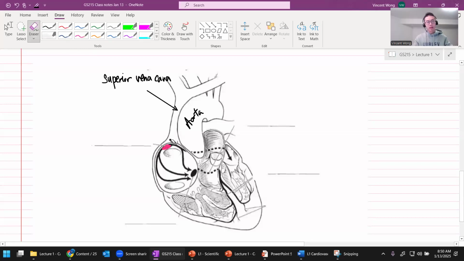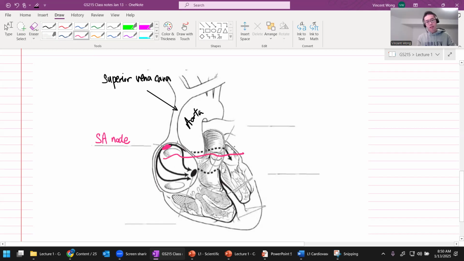Just above where the superior vena cava comes in to the right atrium, that's where you will have the SA node. That's the sinoatrial node. Again, it is going to rhythmically send out electrical impulses, electrical signals, and the signal will spread.